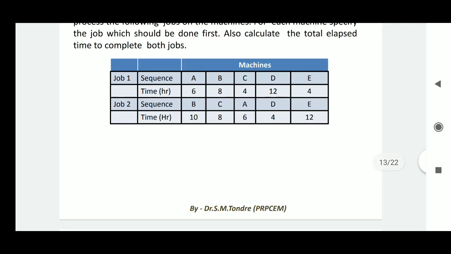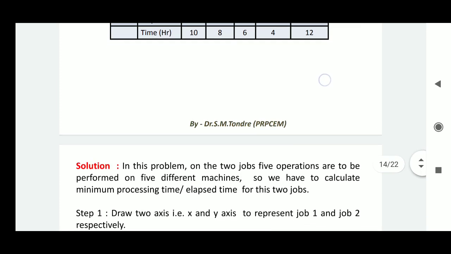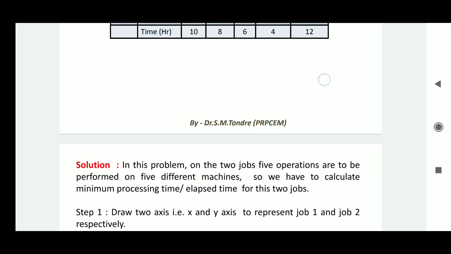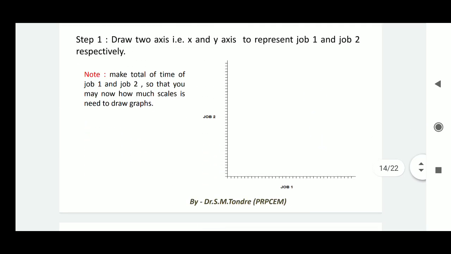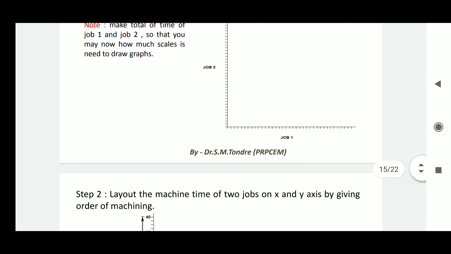The total time for job 1 on the machines A, B, C, D, E is 34, and the total time for job 2 on the machines B, C, A, D, E is 40. This time is used for plotting the time scale on the graph paper.